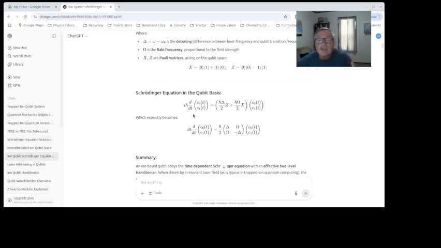And if you see here, this is the vector for the 0 function, and this is for the 1 function. And then we have this arrangement here, and we factor that out. So when we get this all done, this becomes the Schroedinger equation with just these 2 qubit states.